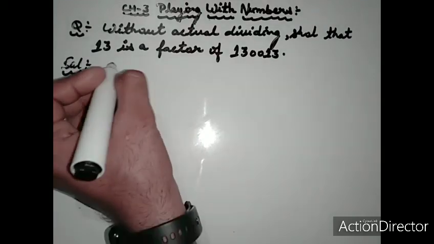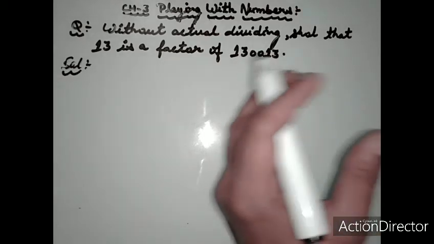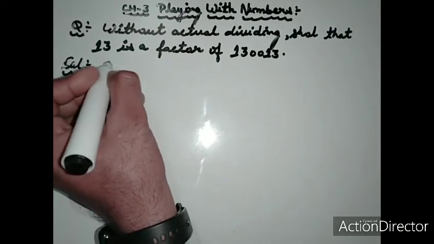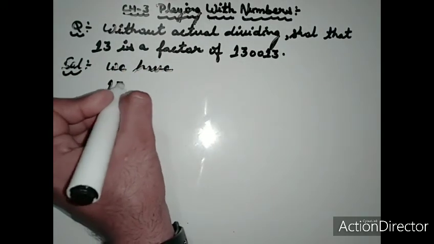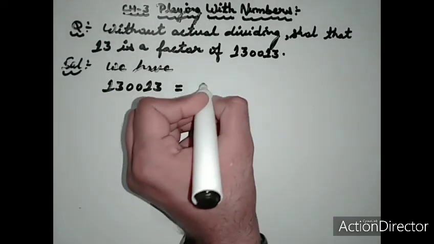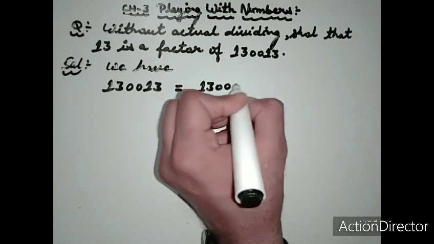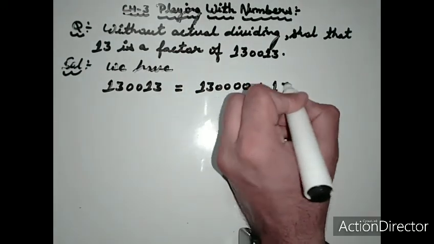Now students, first we separate the different places of this number. We have 1,30,013 here. So we separate it into 1,30,000 plus 13.